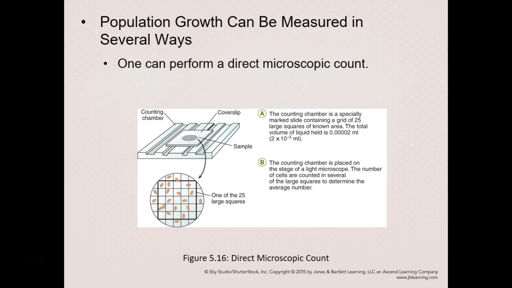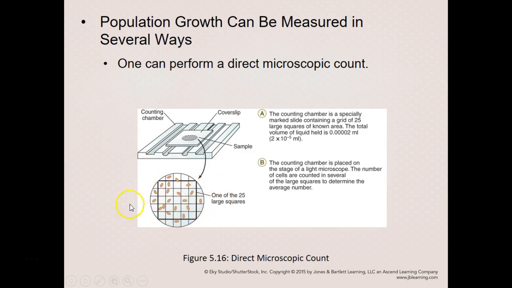We can dilute the sample to a small amount so that we now have fewer cells, and then we put the sample into a small counting chamber, and then we just look and we count the number of cells that we see.